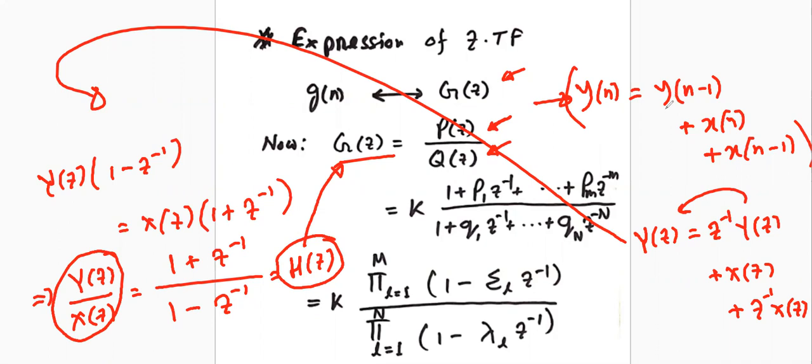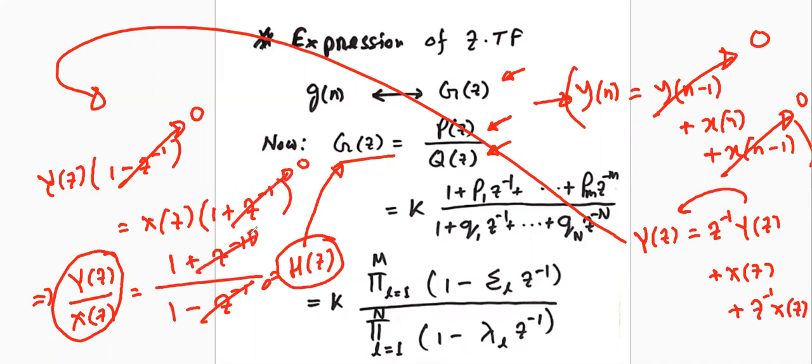Sometimes you may have that this part is equal to 0. If that part is 0, of course this portion is nullified, so there is no pole in that case. If there is no x[n minus 0] portion here, then this part will be nullified, and you don't have any zeros in the equation.